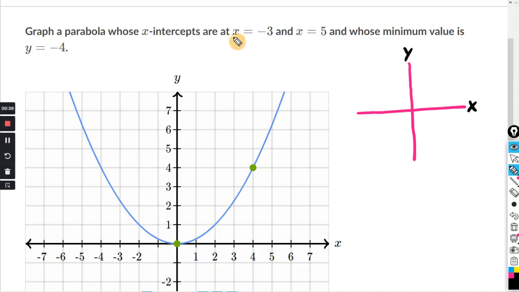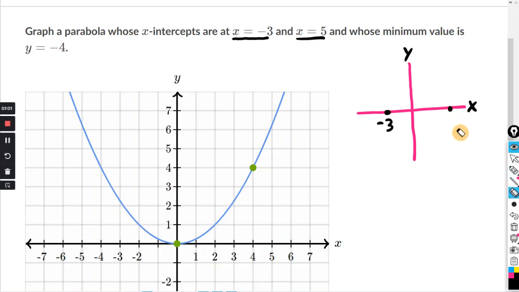All right, so we have x equals -3. So this is x equals 0. I'll go about 3 units this way. That's x equals -3. And the other one is x equals +5. So start at 0 and go approximately to +5.